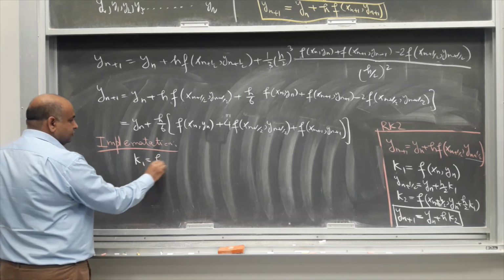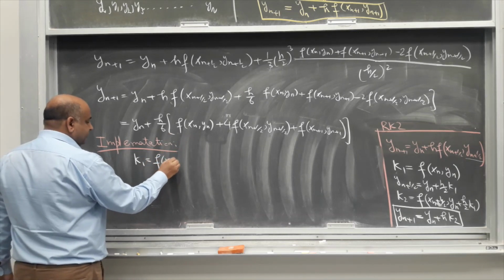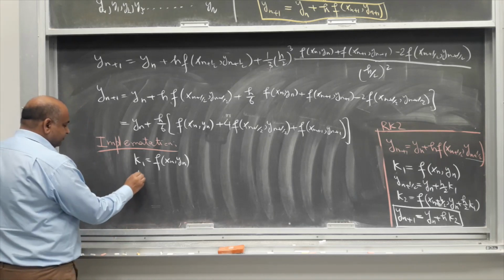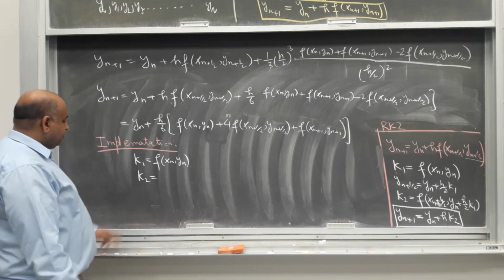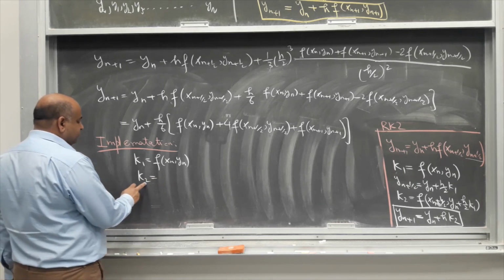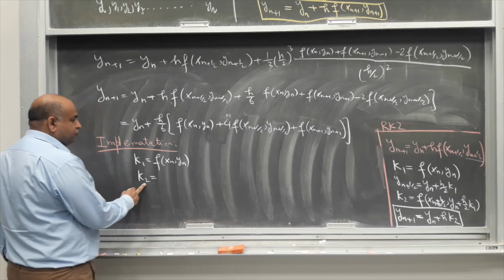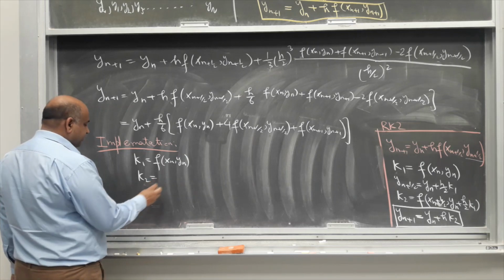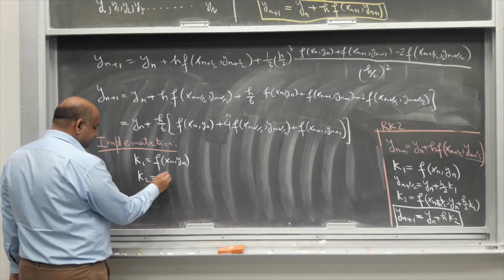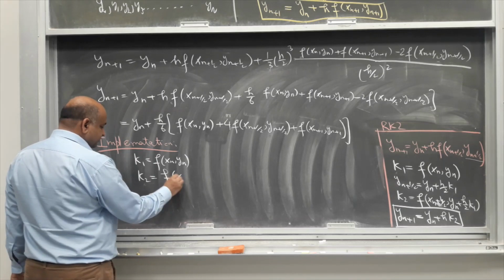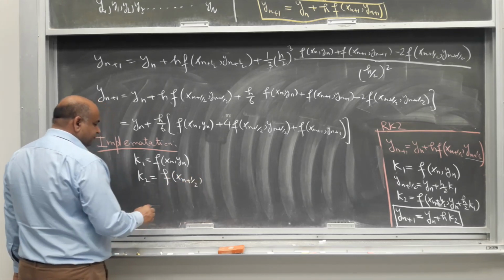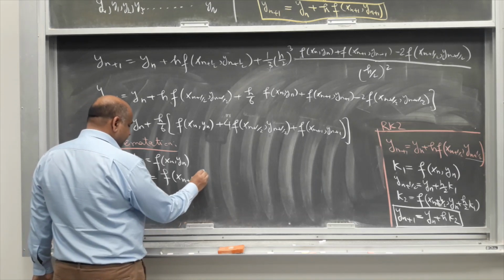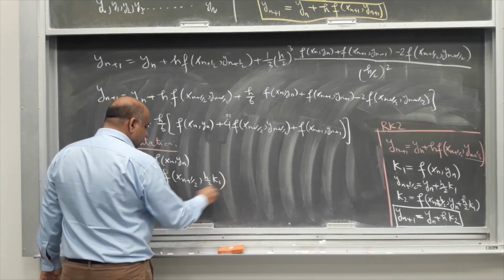k1 as just this term, f of x_n, y_n, and then I can have k2, which is an approximation, sort of a slope, for computing y_{n+1/2} using the forward Euler method. So this would then be f of x_n plus half, y_n plus h by 2 k1.